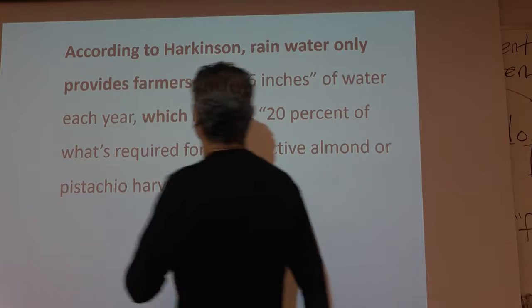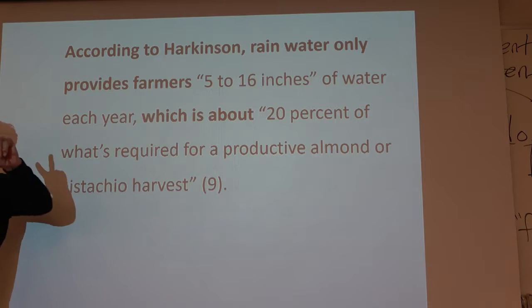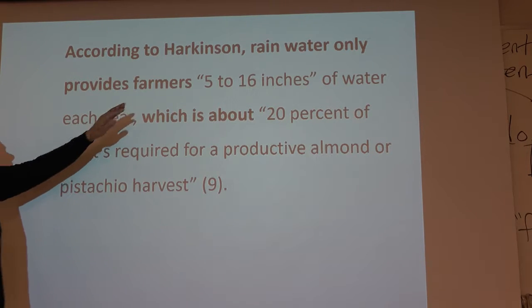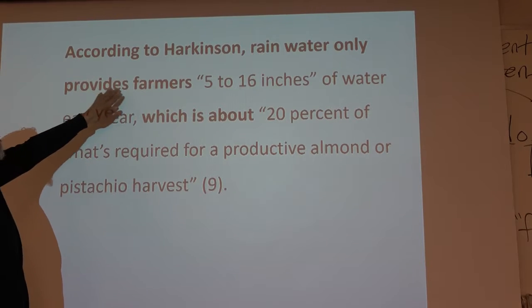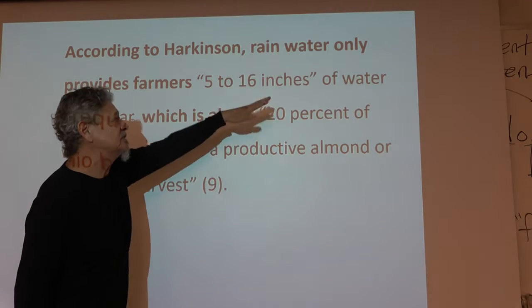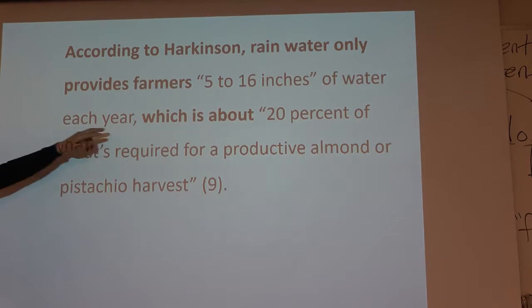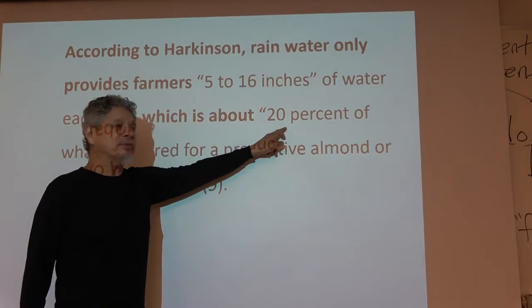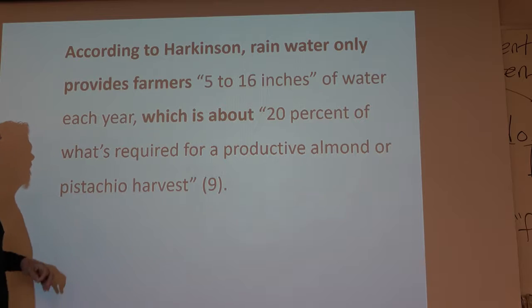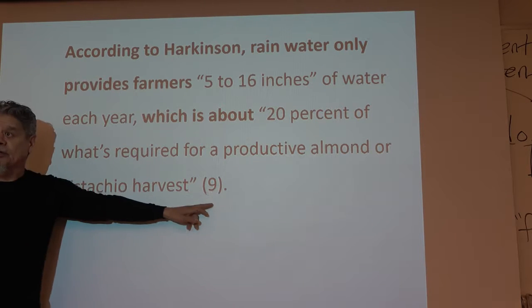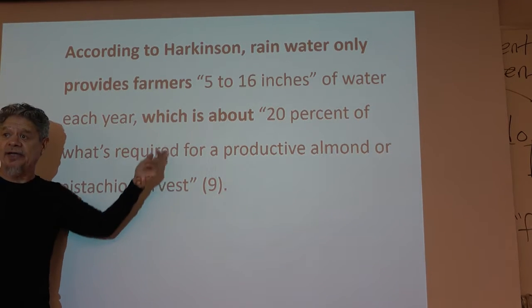Second example. Okay, but I have 2 partial sentence quotes. Farmers, rainwater only provides farmers 5 to 16 inches of water each year, which is about 20% of what's required for a productive almond or pistachio harvest. On page 9, you can find this.